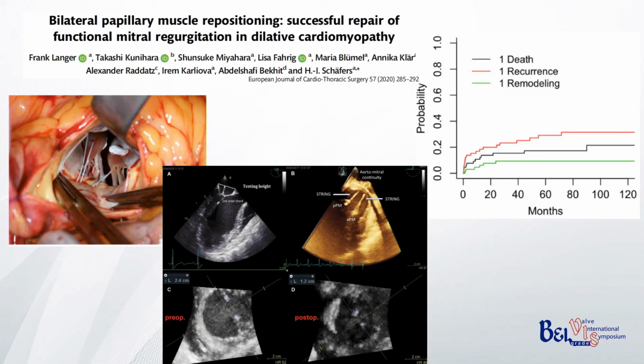These are the data that were just published from a ring and string method, showing that 10 years after this procedure, there is a recurrence of around 25%, and this is the competing risks analysis with the death and remodeling included.